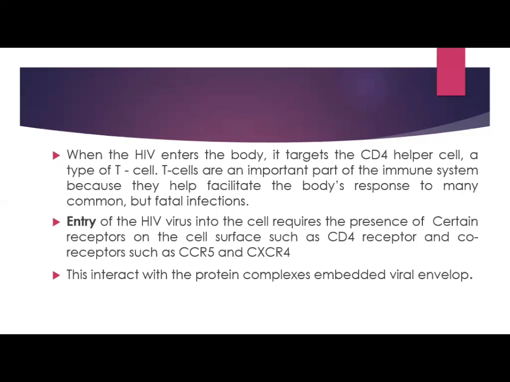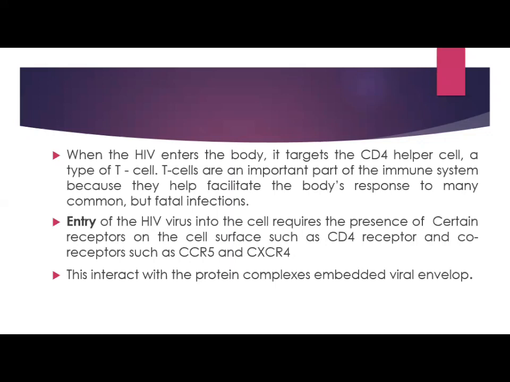So the first stage is the entry stage. Once the virus enters the cells, it requires the presence of certain receptors on the cell surface, such as the CD4 receptors and the coreceptors such as CCR5 and CXCR4.